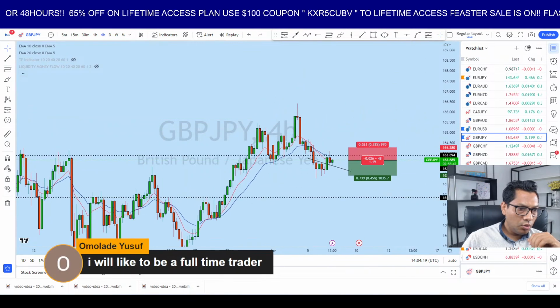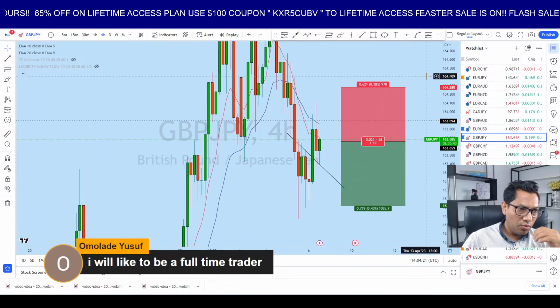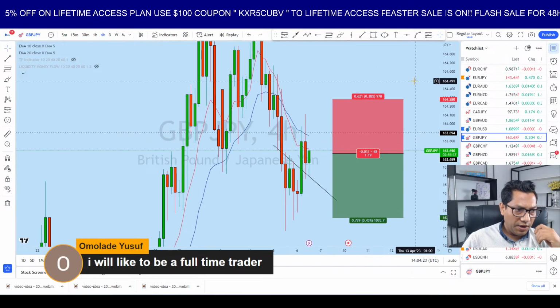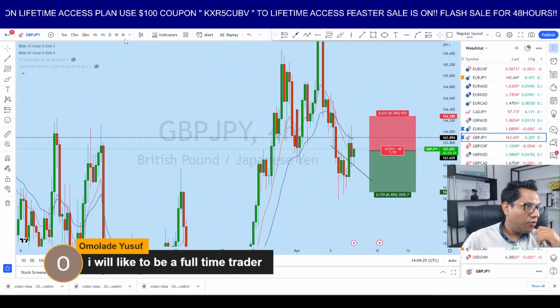GJ looks like GBP JPY might be going up for a pullback again.